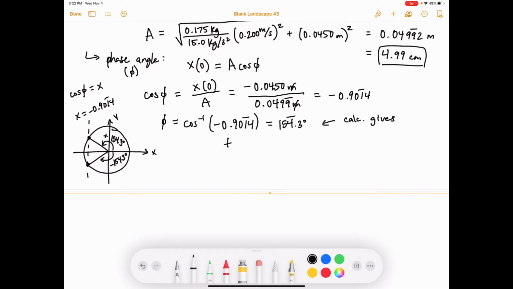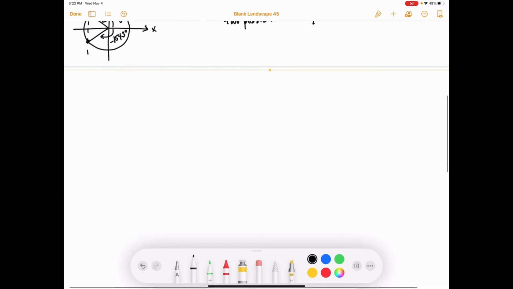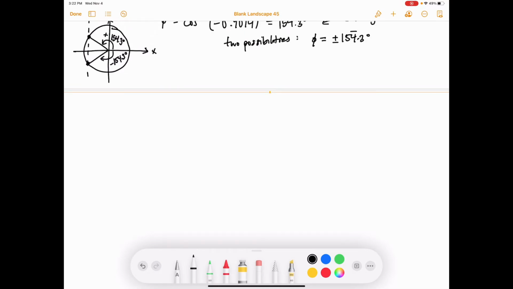The two possibilities are phi equals positive 154.3 degrees or negative 154.3 degrees. We have to test these out to see which one is right.